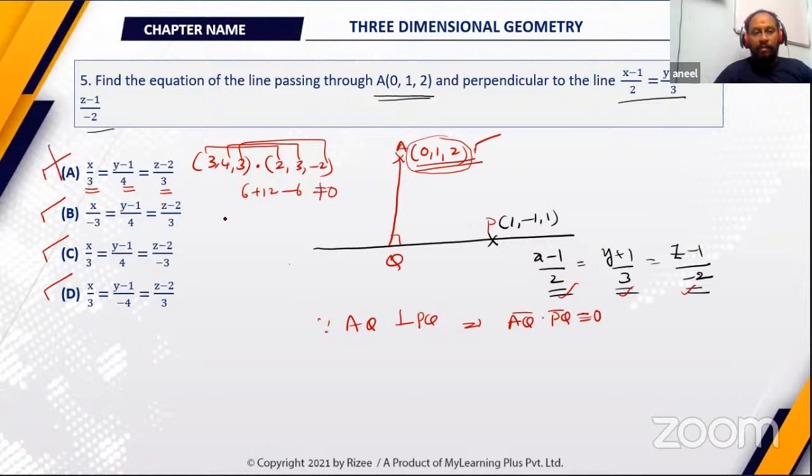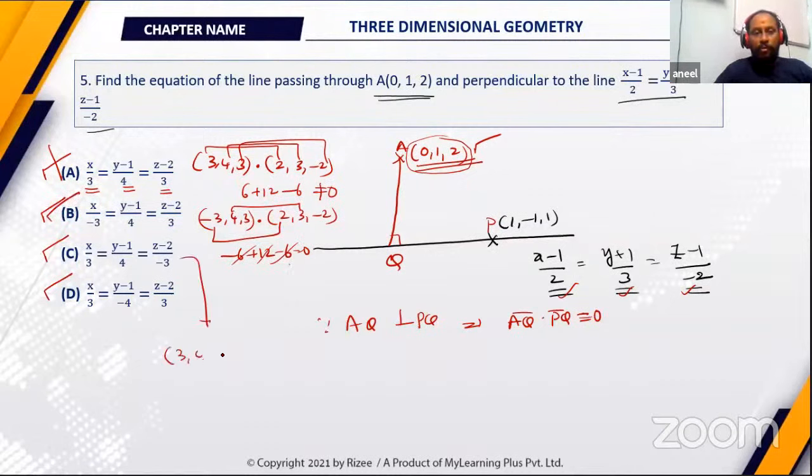Coming to the next one, minus 3, 4, 3 dot with 2, 3, minus 2. What would it give? Minus 6 plus 12 minus 6. This is equal to 0. Perfect. This will be the answer. If you want, you can recheck whether the others fail.